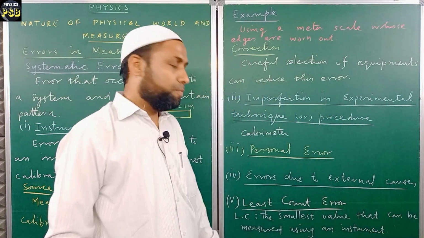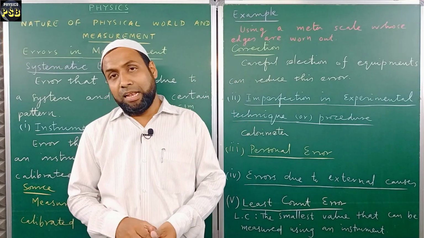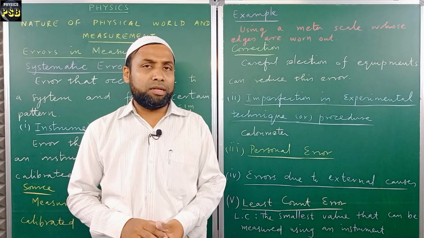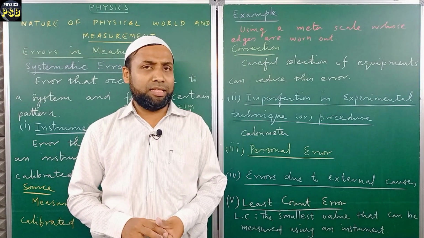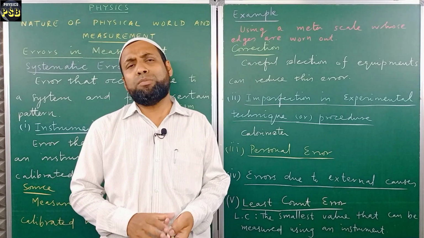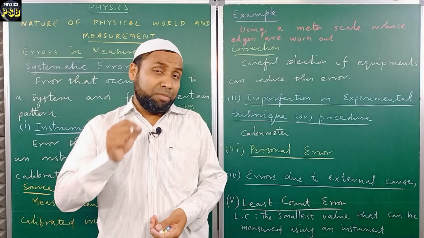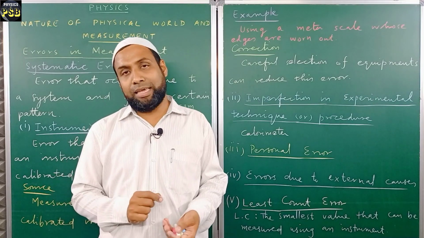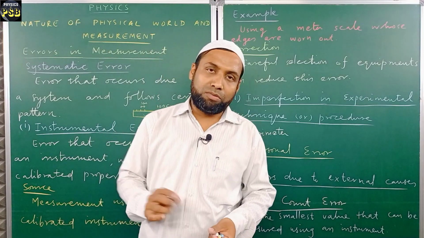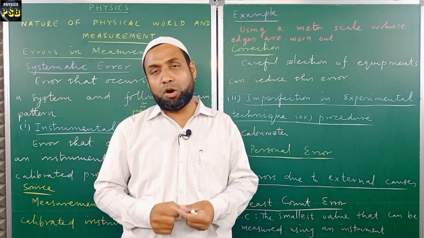For example, with the help of a meter scale, one is able to measure the smallest length equal to 1 millimeter. It is not possible to measure a length less than 1 millimeter because 1 millimeter is the least count of the meter scale. So in such case, suppose you want to measure the diameter of a small metal rod.